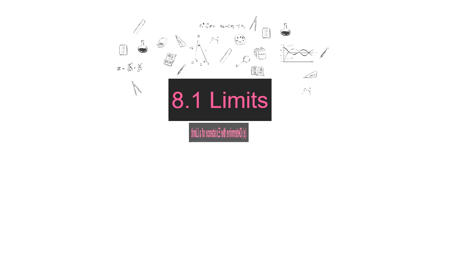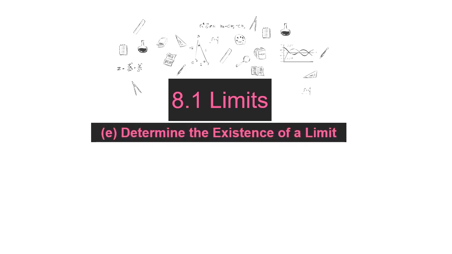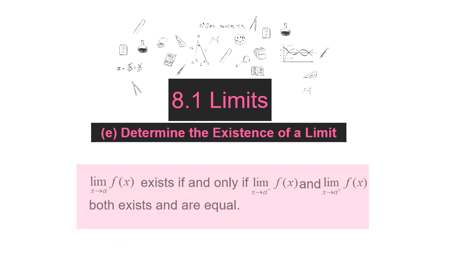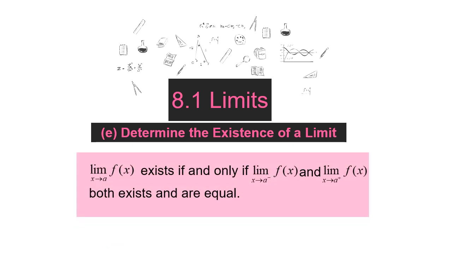Okay, so the first part of this lecture, to determine the existence of a limit. So how can we say that the limit exists? The limit of f(x) as x approaches a exists if and only if the limit of f(x) as x approaches a from the left side and the limit of f(x) as x approaches a from the right side both exist and are equal.